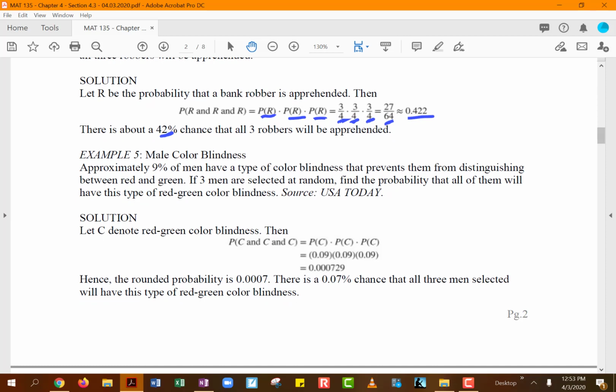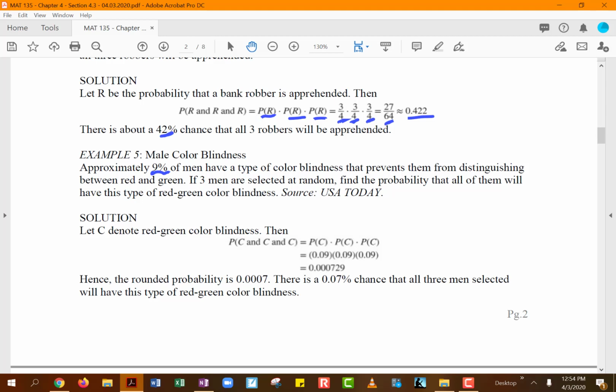Alrighty. So our next example is looking at male color blindness. So we are saying approximately 9% of men have a type of color blindness that prevents them from distinguishing between red and green. Okay, so that's our probability right there. 9% of men have a color blindness which prevents them from seeing red or green.